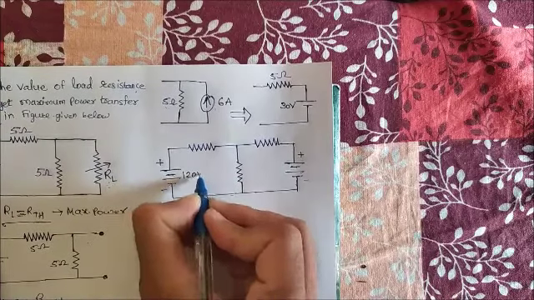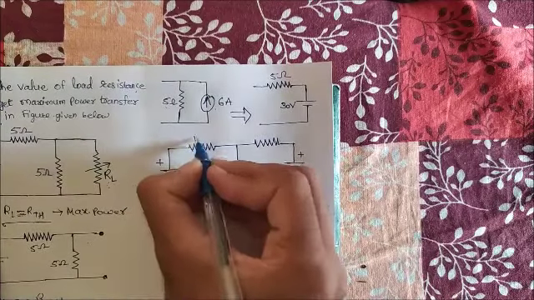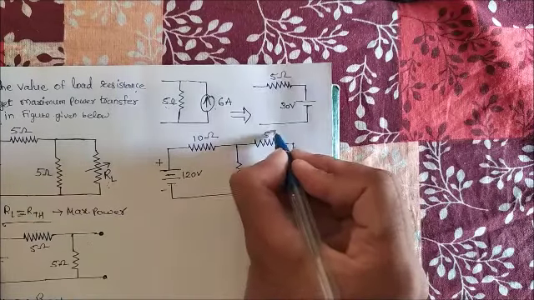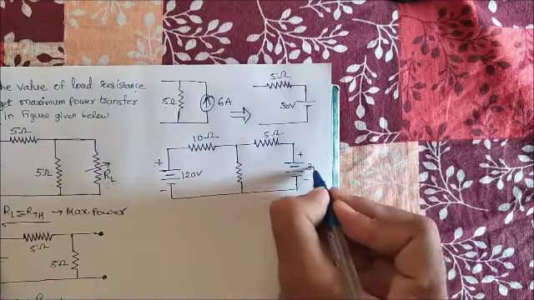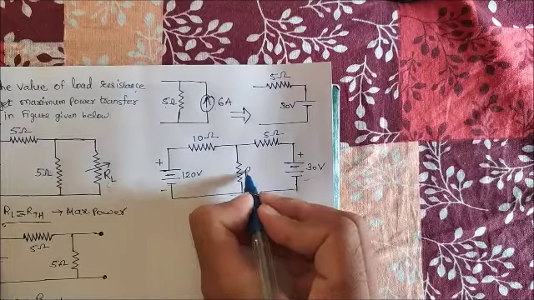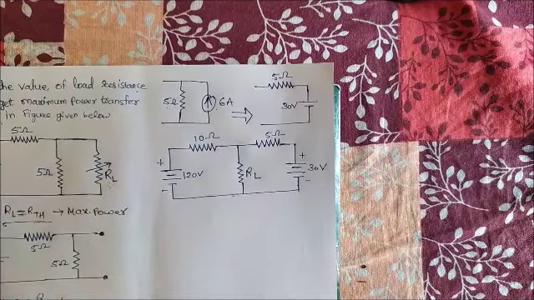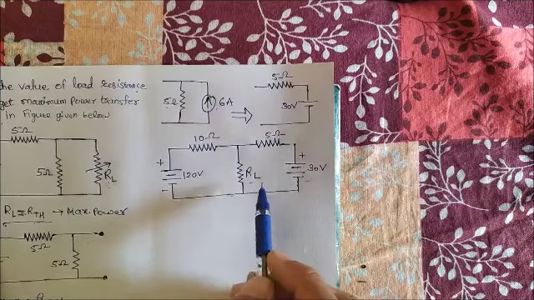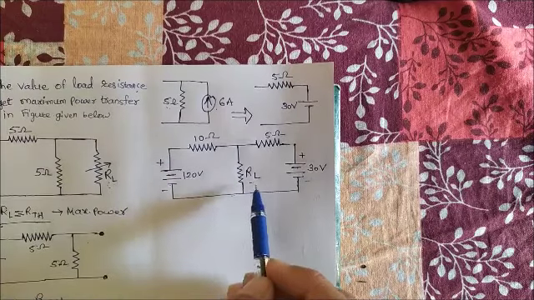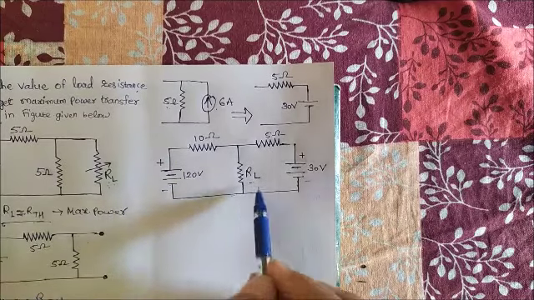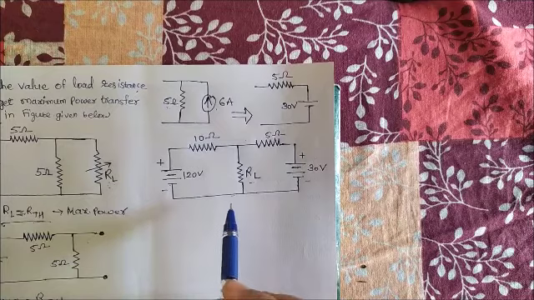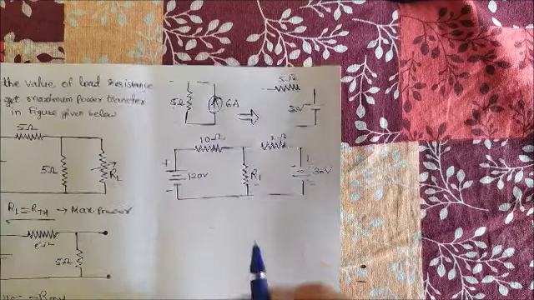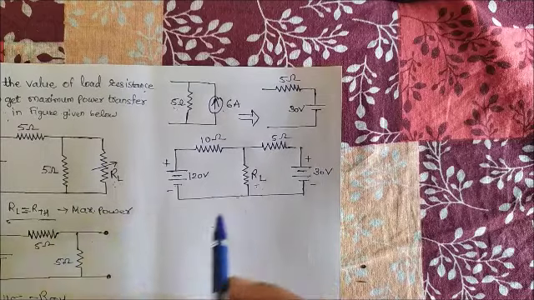This is your 120 volt source, this is 10 ohm resistance, and this is our 5 ohm resistance, 30 volt source, and this is your load resistance RL. Now we have to calculate the value of this load resistance RL, and for this, according to Thevenin's theorem, we have to open circuit this load resistance and then calculate the Thevenin's equivalent resistance, and then RTh is equal to RL will give you the load resistance value.